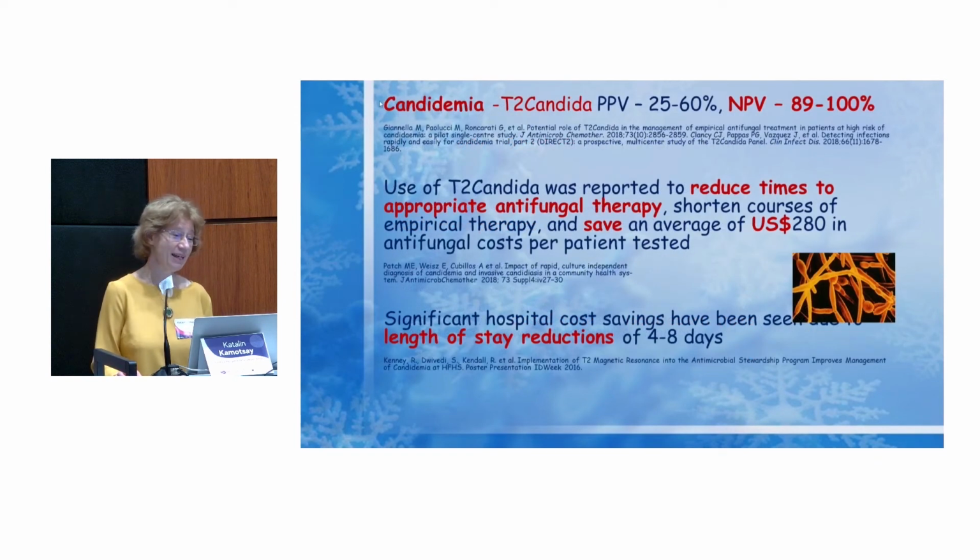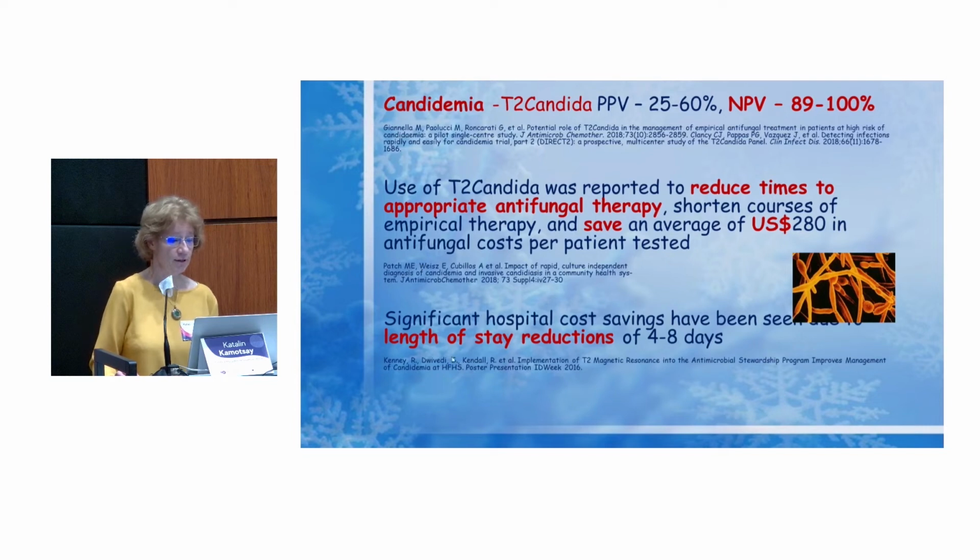Well, the main advantage of this new method, for me, as I went through the literature, was candidemia, because candidemia is not an easy diagnosis. The negative predictive value was very high, so this method can reduce times to appropriate antifungal therapy, and save, of course, money because of this.